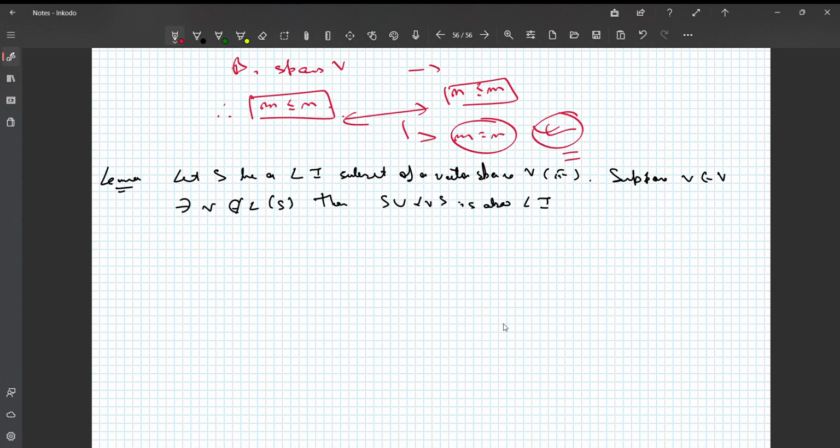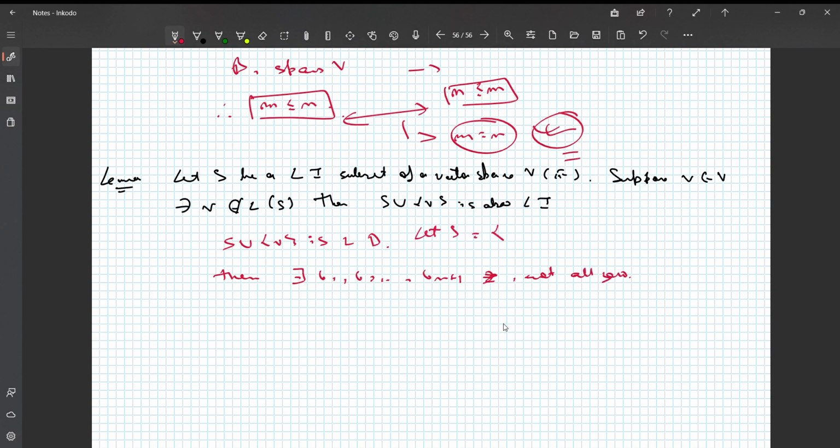Now see, so if v is not in the linear span of S, suppose S union v is linearly dependent. Okay. Then obviously there exist scalars b1, b2 till b(n+1) such that not all 0, right? Not all 0.